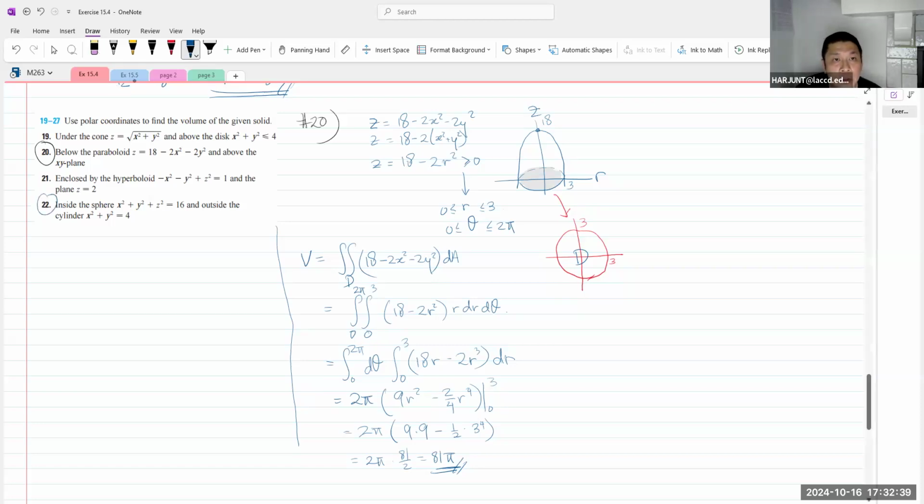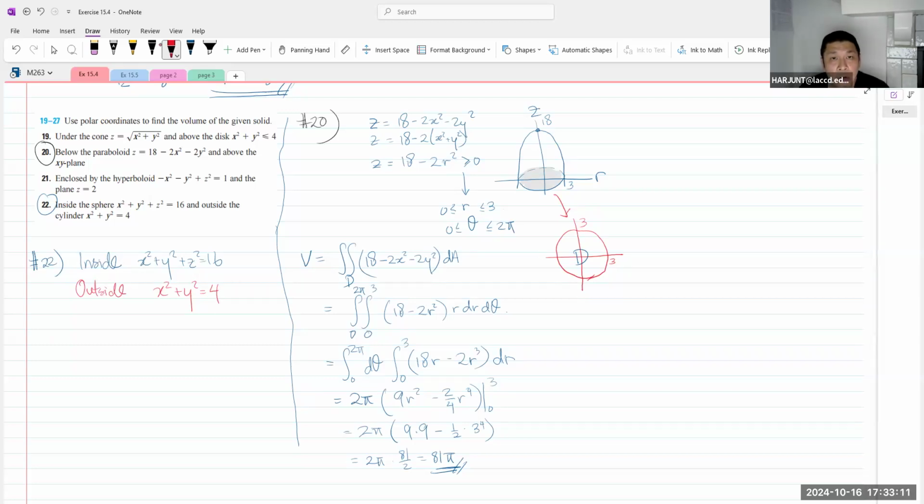Number 22, inside the sphere and outside the cylinder. Inside, x squared plus y squared plus z squared equals 16, and then outside, x squared plus y squared equals 4.